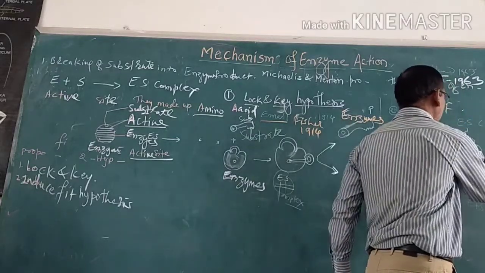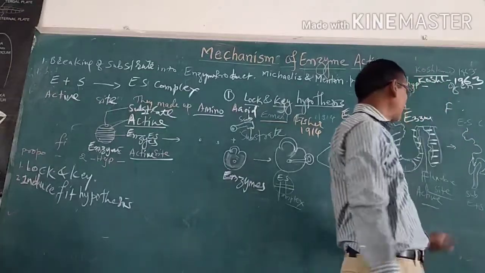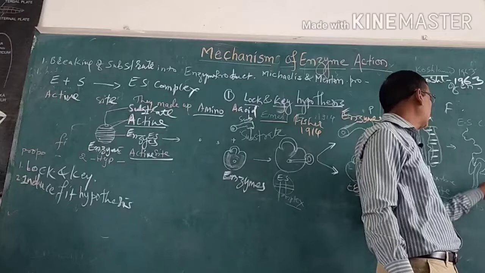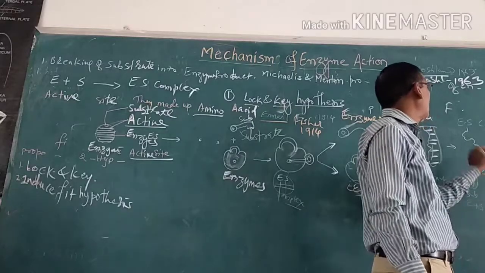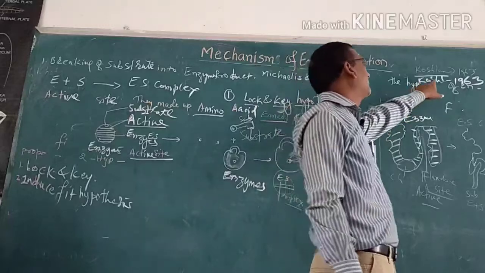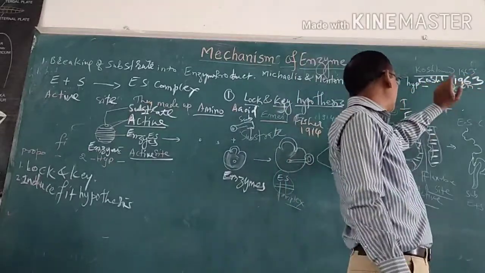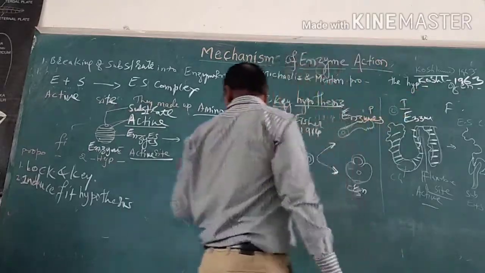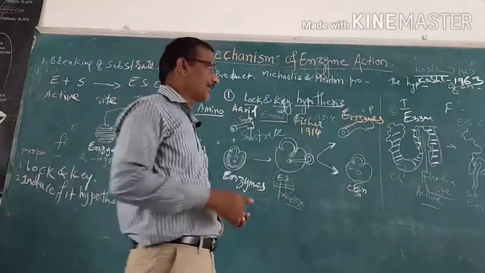It is in the flexible region. E represents the enzyme, and it takes the substrate to form the complex. Yes, I described that the scientist Koshland in 1963 proposed the induced fit hypothesis.